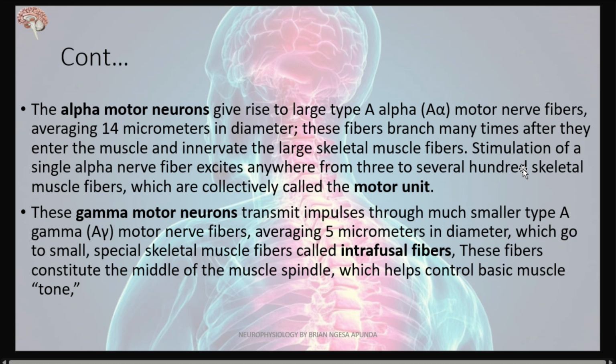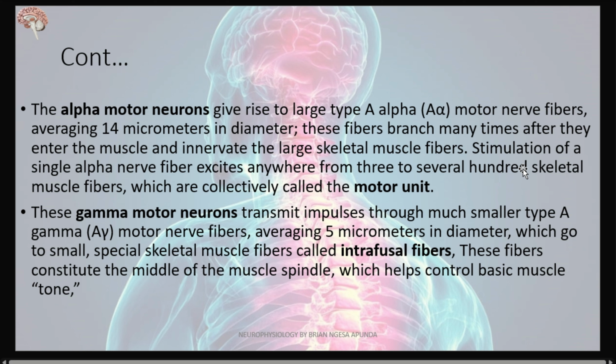So, a little bit about the alpha motor neurons. These are part of the lower motor neurons that wait to be activated either by the descending tracts, or locally by incoming sensory impulses from the sensory nerves, so that we see the type 1, which could be the type 1A or the type 1B.